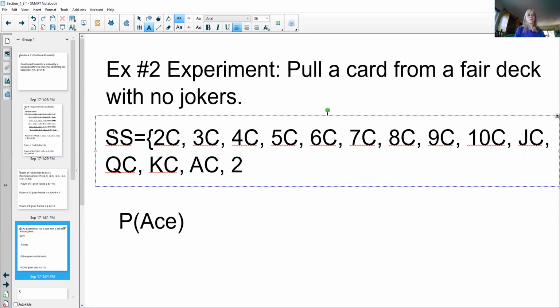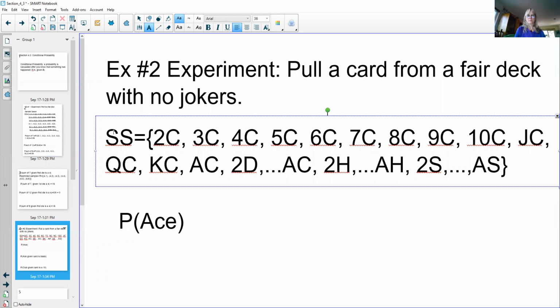And then I'd have the 2 of diamonds. I'm not going to list them all. I can see I'm going to have that same pattern through the Ace of diamonds, the 2 of hearts through the Ace of hearts, and the 2 of spades through the Ace of spades. So there's my sample space.